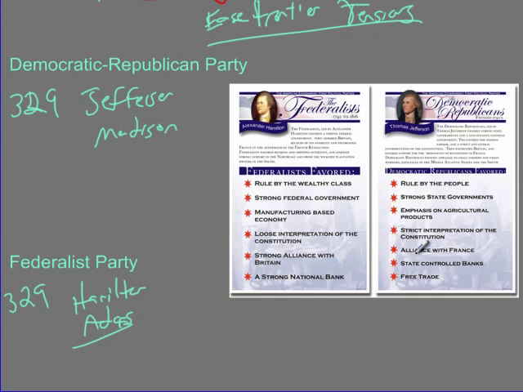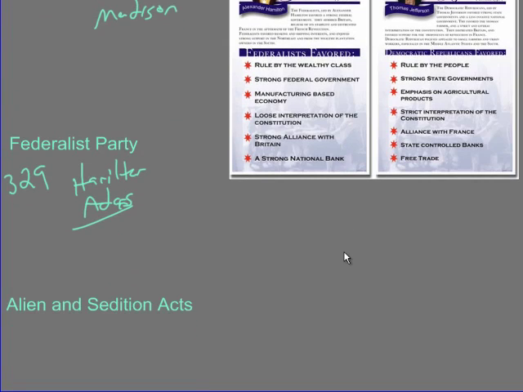Democratic Republicans wanted an alliance with France because they were going through the French Revolution. The Federalists are going to have a loose interpretation of the Constitution. The Democratic Republicans are going to have a strict one. So just look at that chart and figure out the similarities and differences.